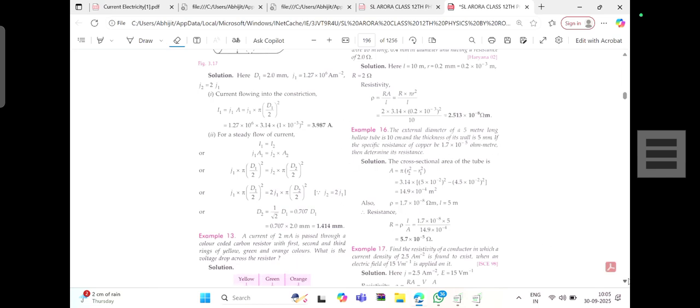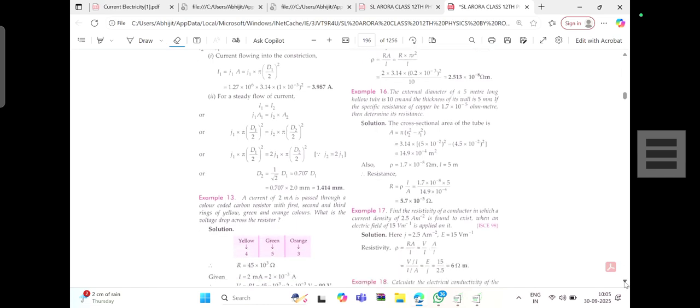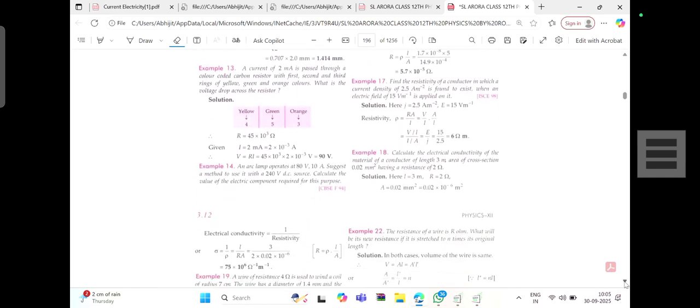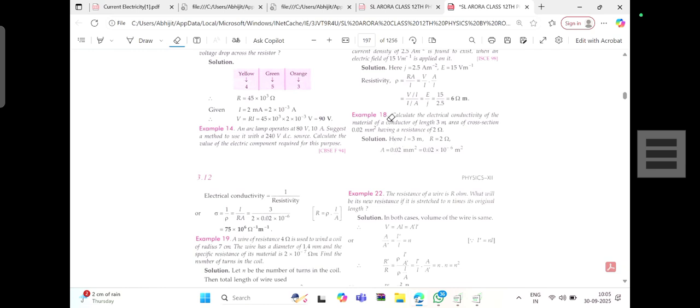Next is here: calculate the electrical conductivity of the material of a conductor of length 3 meter, area of cross section 0.02 millimeter square, having a resistance of 2 ohm.